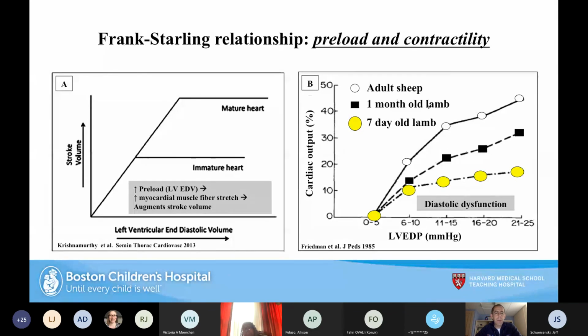It will not be able to augment the stroke volume to the same extent as a mature heart. As we see in figure B, with the 7-day-old lambs that function as the preterm example, you won't be able to get high cardiac output with increasing preload, which will lead to increased diastolic dysfunction.